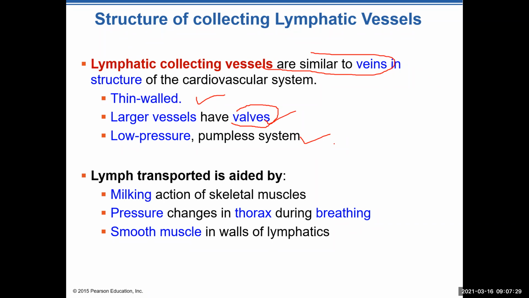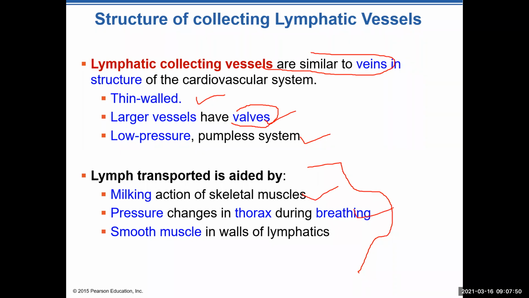Same thing again, if you remember, we spoke about how valves help in pumping the blood back to the heart, the venous return. We spoke about the milking action of the skeletal muscles, the muscular pumps and the respiratory pumps. Same thing here.